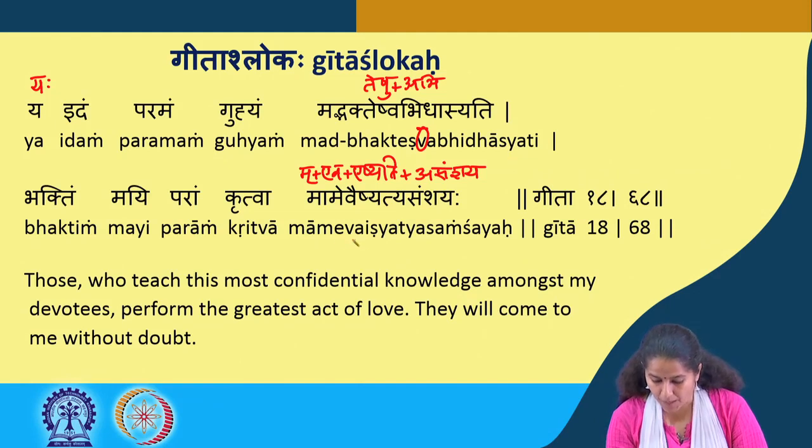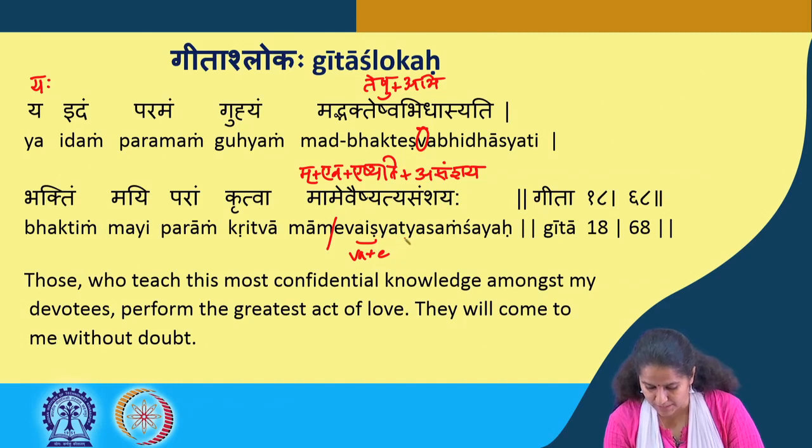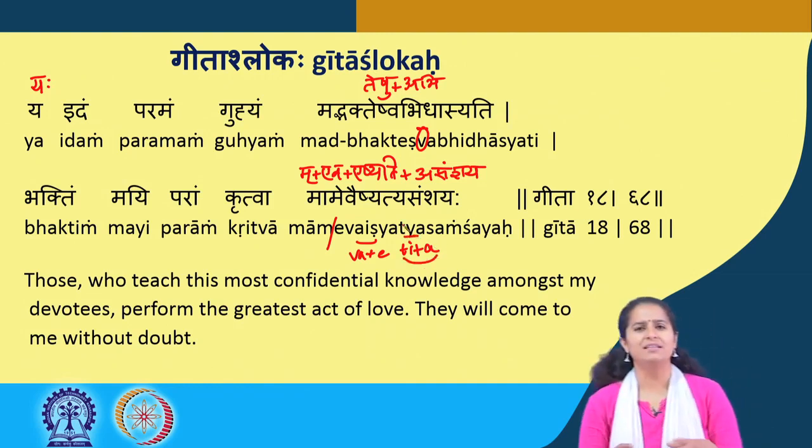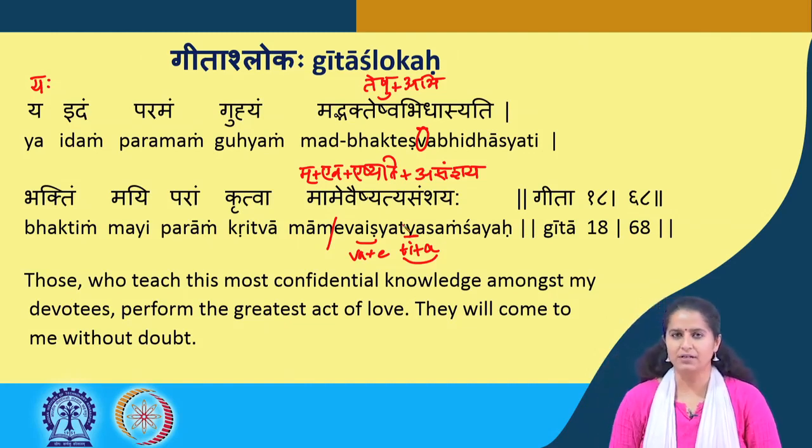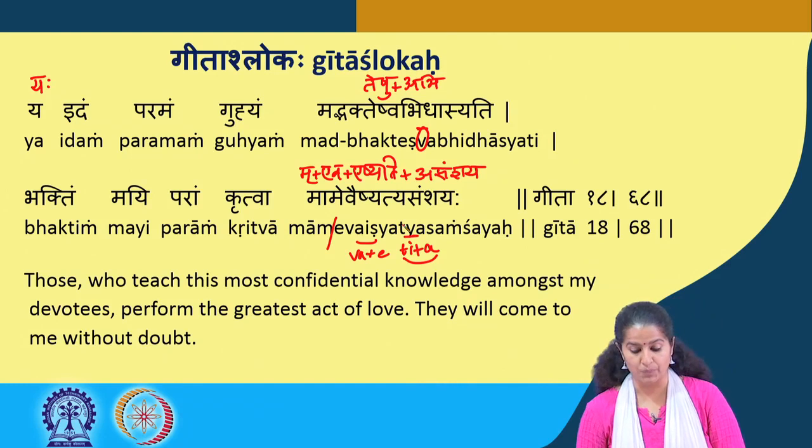Okay, mam vaishyati, mam eva. So you see here there's a break, mam eva. Eva plus eshyati becomes a vaishyati. Then here ti plus asamshaya becomes tyasamshaya. Alright, so anyway, this is something that we will study a little more in detail and more systematically, but I thought I'll take the occasion to present it to you. So asamshaya, without any doubt, he will attain me, he will come to me.